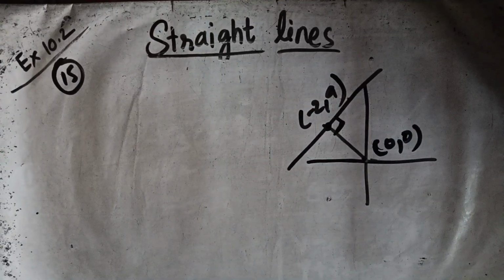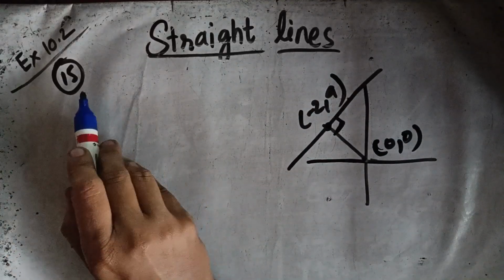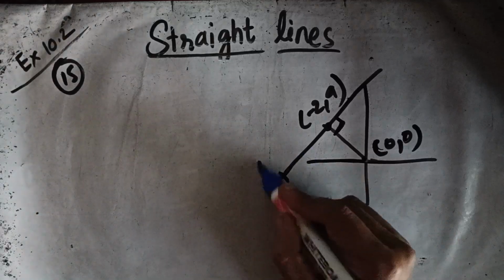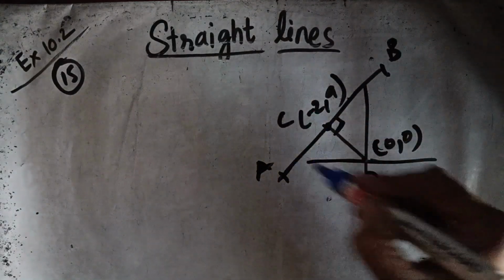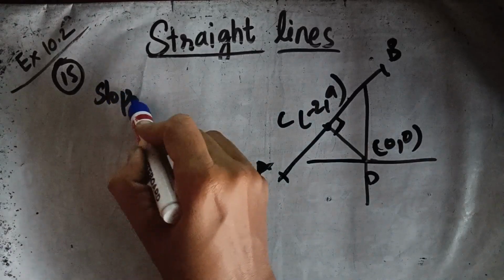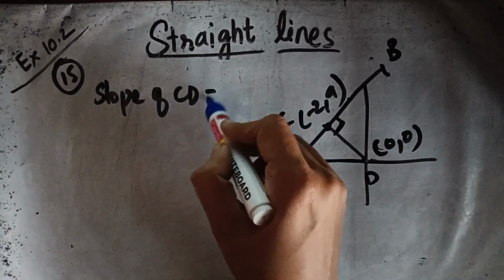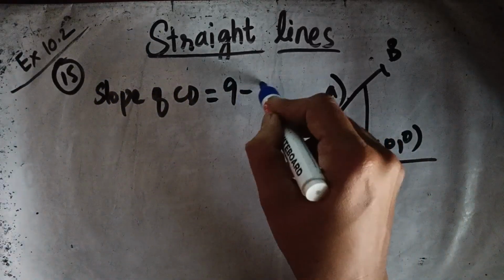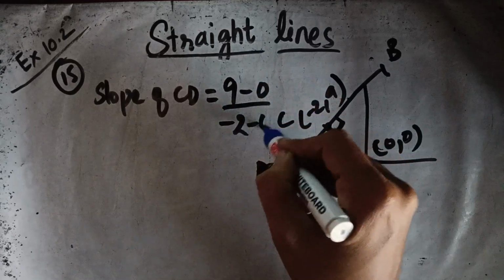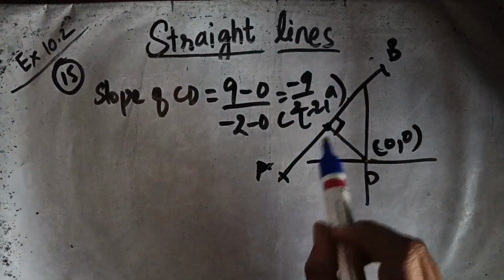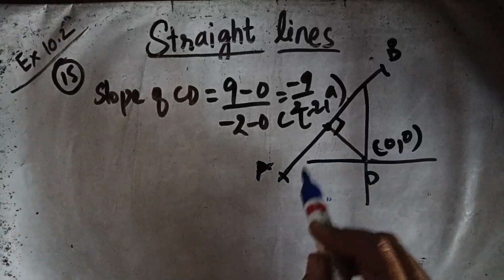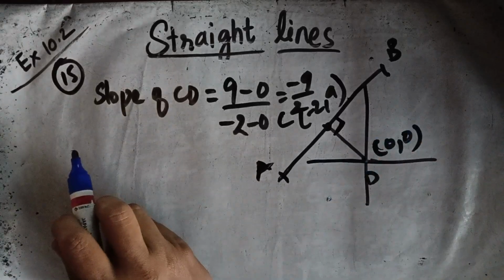Okay. So the slope is, I'll write here, this is AB and this is CD. So slope of CD, y2 minus y1 upon x2 minus x1. So minus 9 by 2. Okay. So this is the slope of CD. What about the slope of AB? Perpendicular.